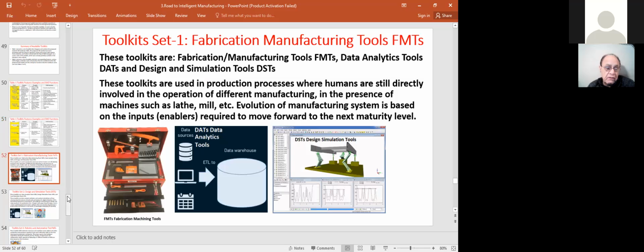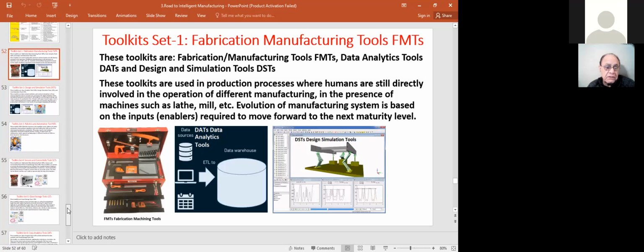Now some details. FMTs are fabrication manufacturing tools, and DATs are data analytic tools, and DSTs are design simulation tools. So these are toolkits.